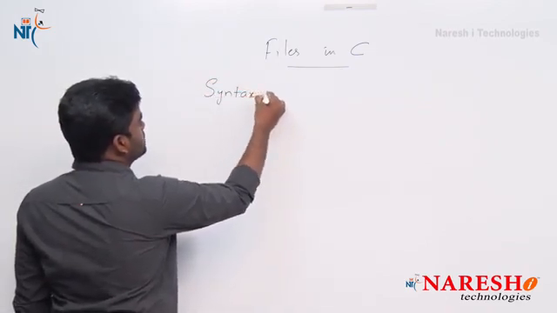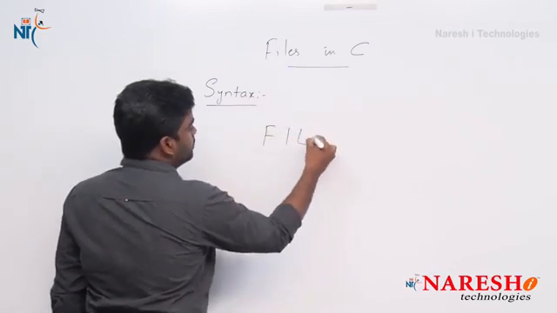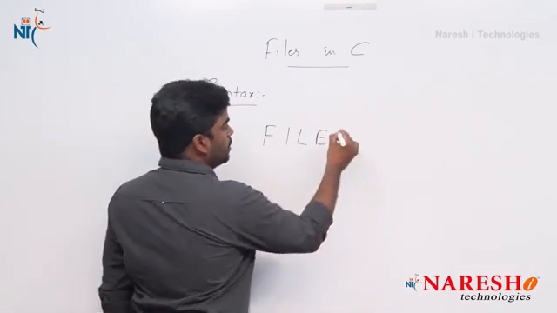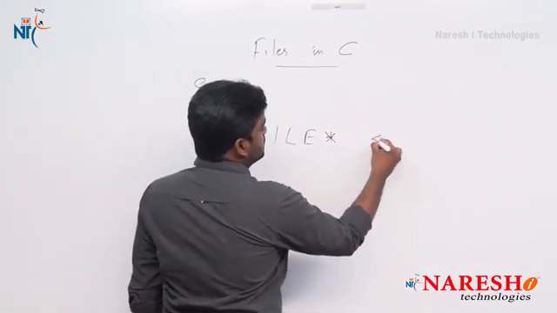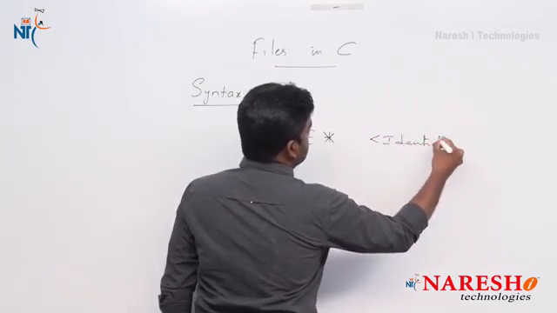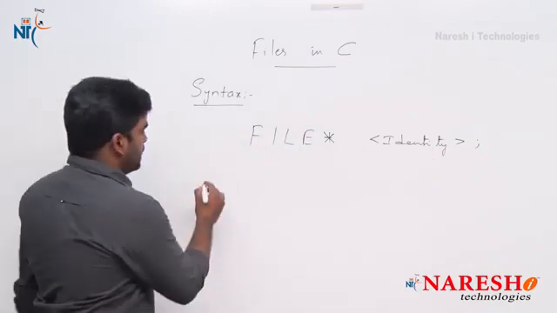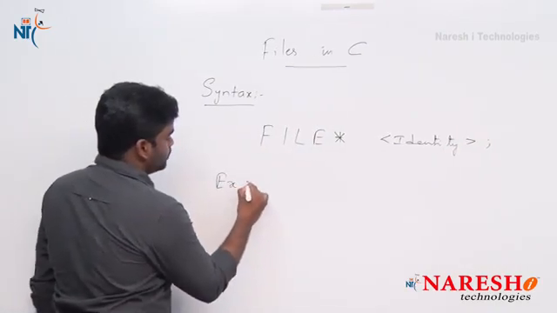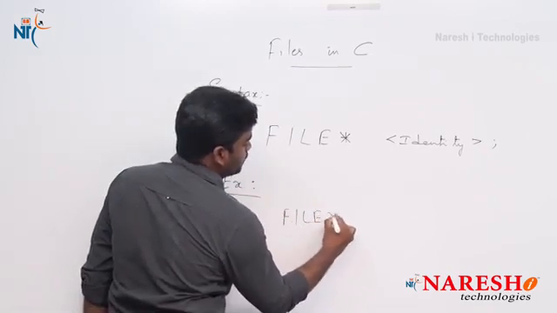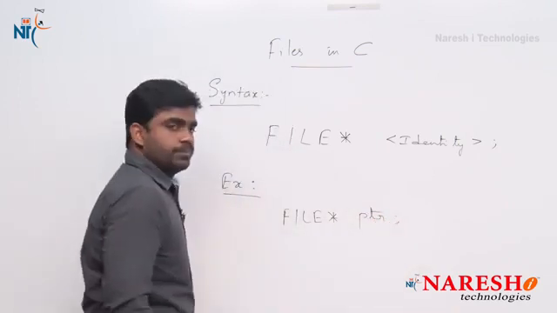What is the syntax? It's a predefined data type, FILE, all capital letters. FILE pointer, and this is the identity. So the identity is important. See the example: FILE pointer, any name you can give, for example ptr.